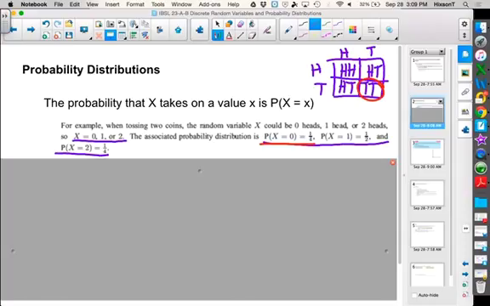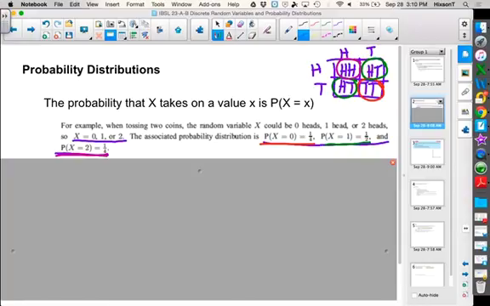Okay? Then we have the probability that we get one head. Well, we got that here or here, so that's 1/2. Okay? And then finally, what's the probability that we get both heads? Well, there we have it. There's only one way to do that out of the 4, so the probability there is 1/4.